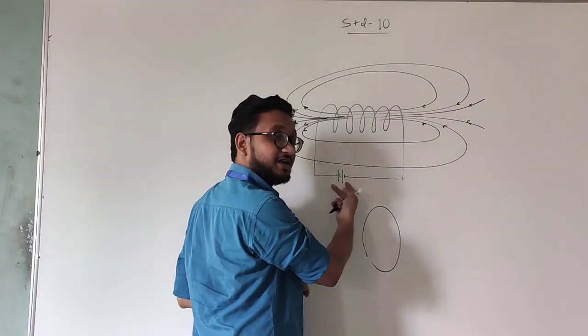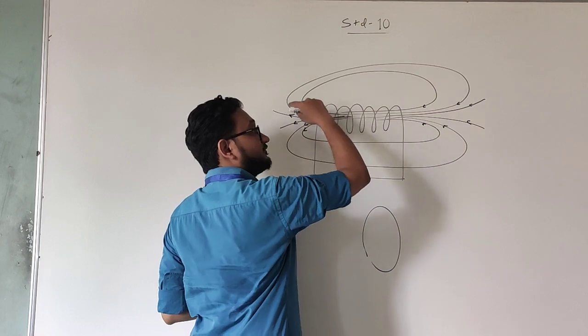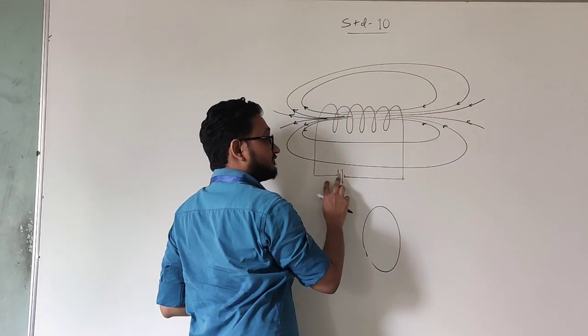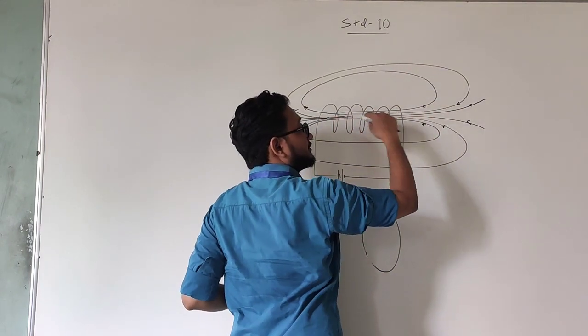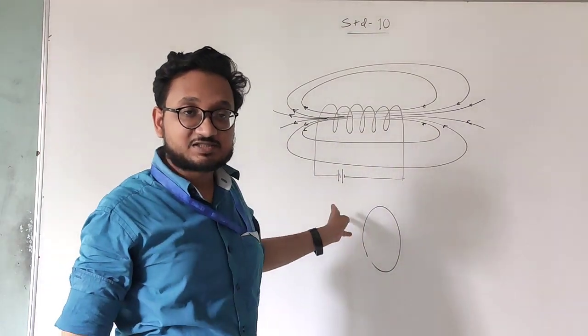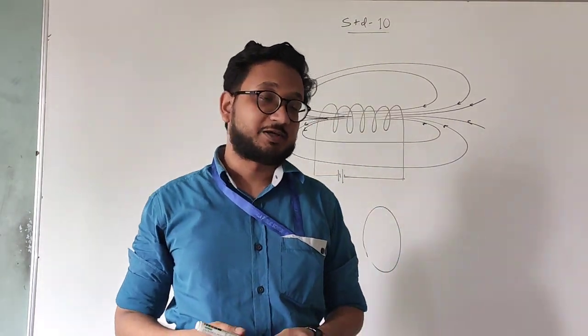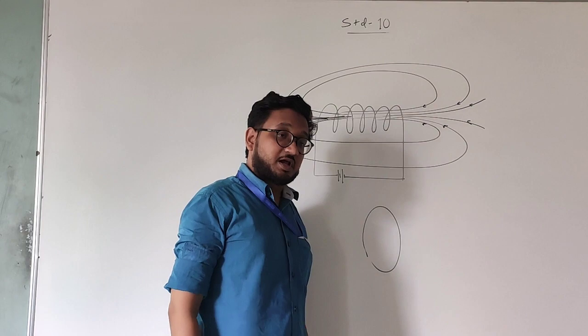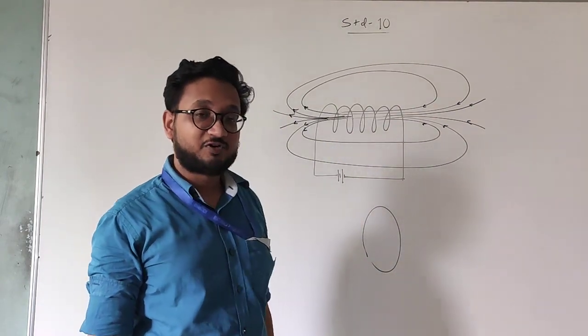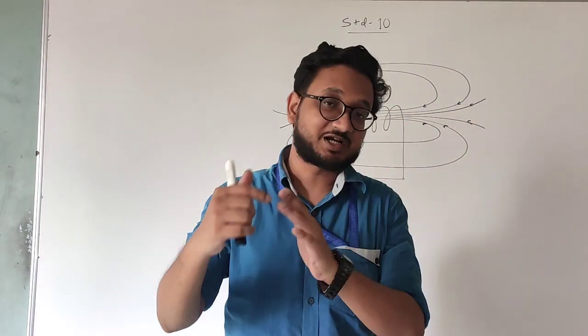If the field lines are going in this direction and I change the battery, then they will go the other way, because I have changed the direction of the current flowing.